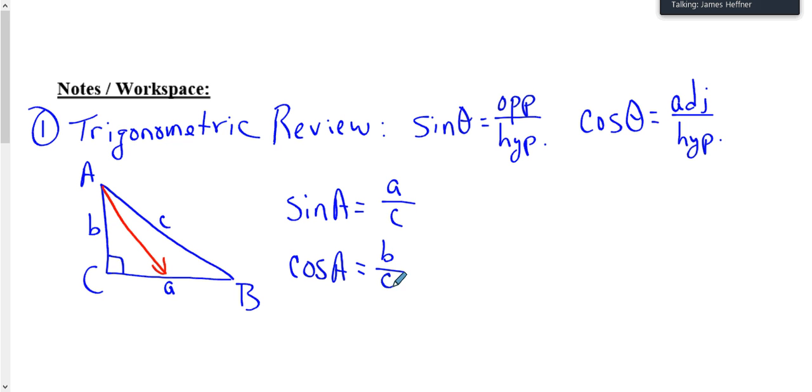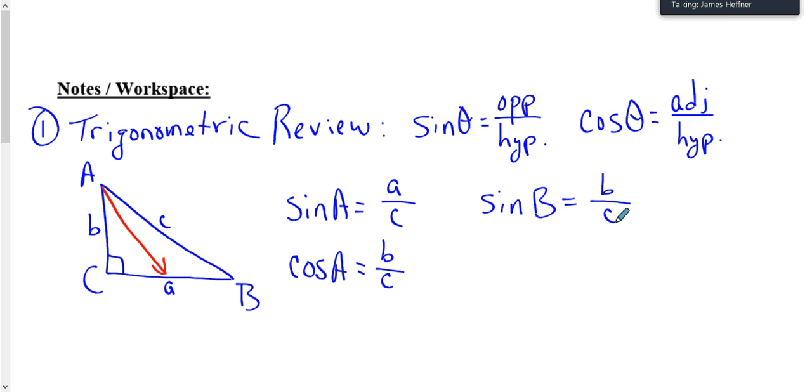Okay. Let's switch over to angle B, the other acute angle. What is the sine of angle B in that diagram? What over what? B over c, sorry.